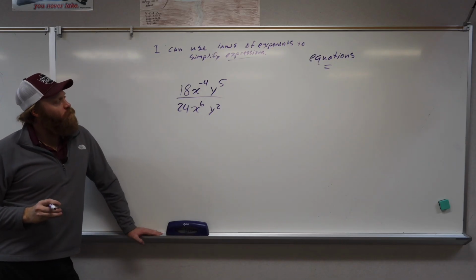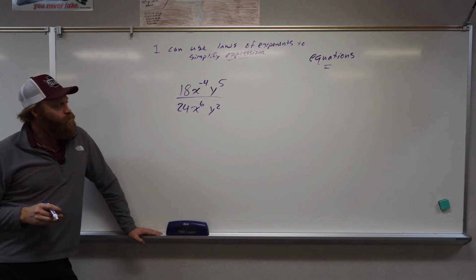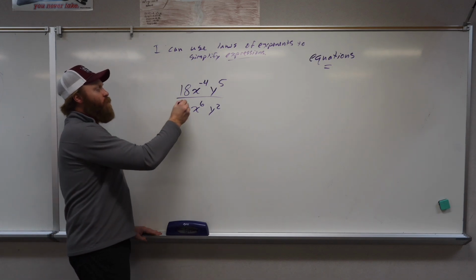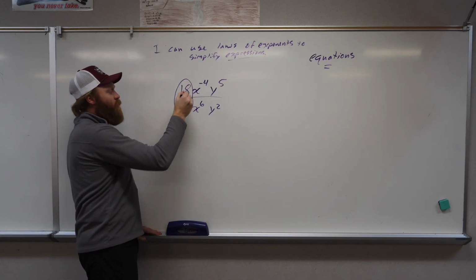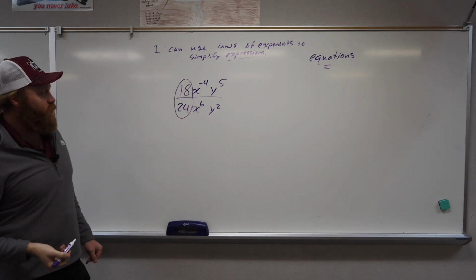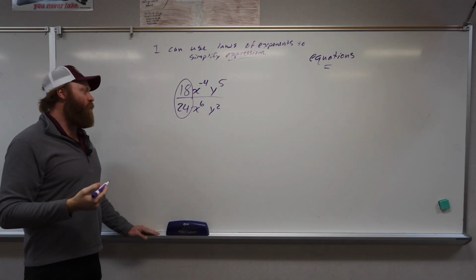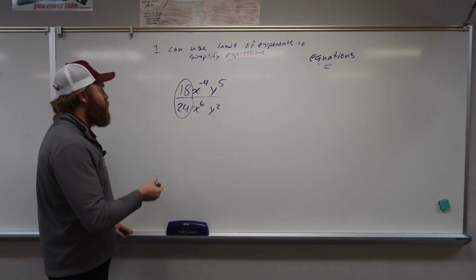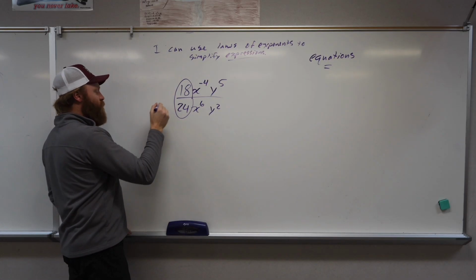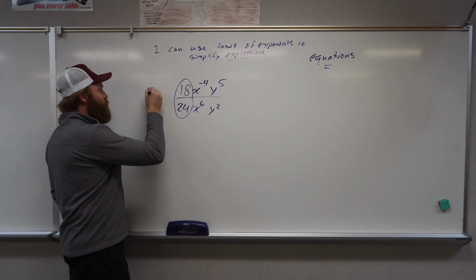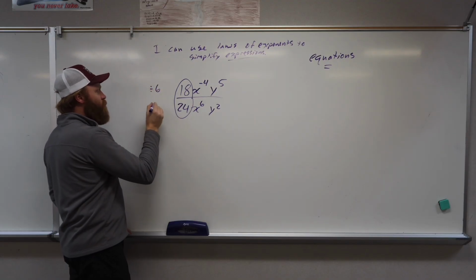All right, first thing I'm going to do here is take a look at this, and I'm going to simplify this just like the fraction that it is. What goes into both 18 and 24? 6. So I'm going to essentially divide by 6.